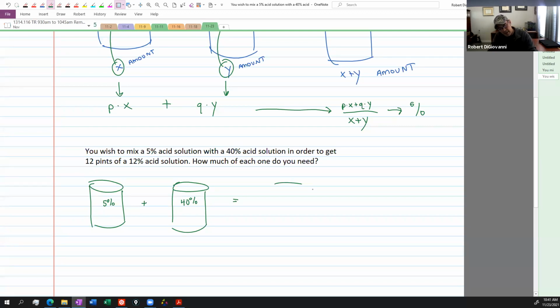And what I want is at the end, when you put those together, I want 12 pints of a 12% acid solution. What you have to figure out is how much of each of these you have to pour in order to get 12 pints of 12%. This is not as easy. Do y'all understand this? This is not the same type of problem.